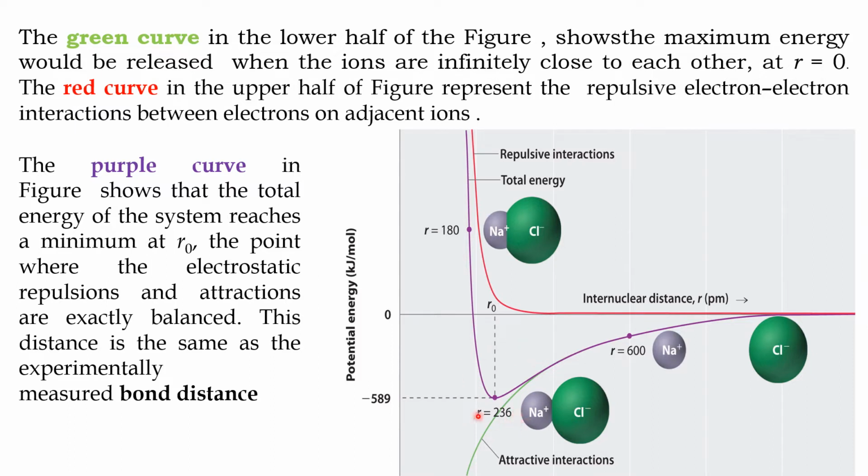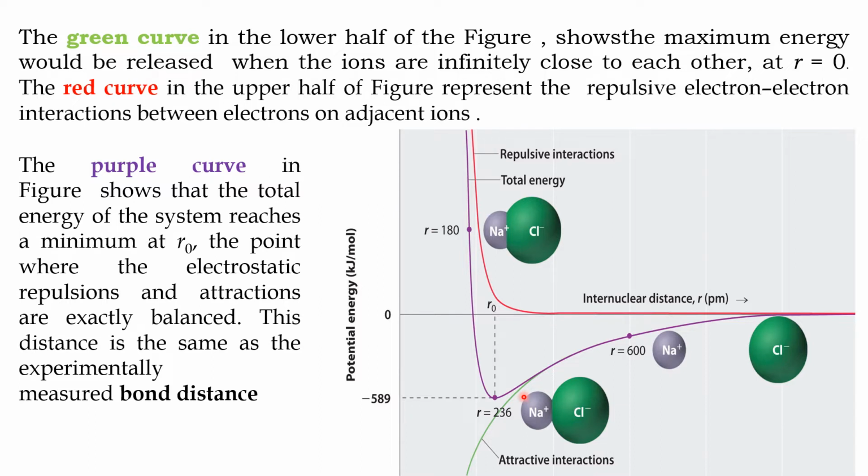So this distance which balances the electrostatic repulsion and electrostatic attraction is termed the bond distance between the positively and negatively charged ions.